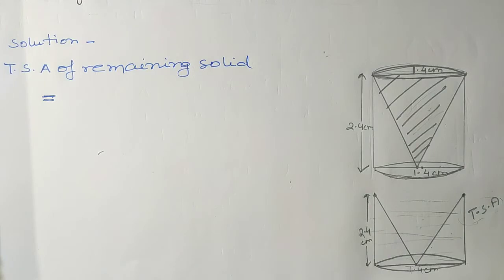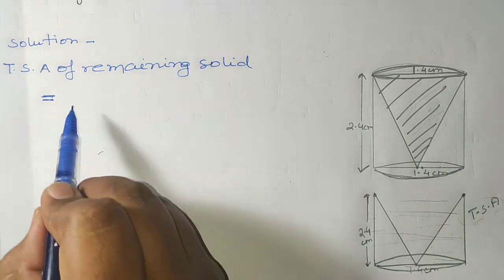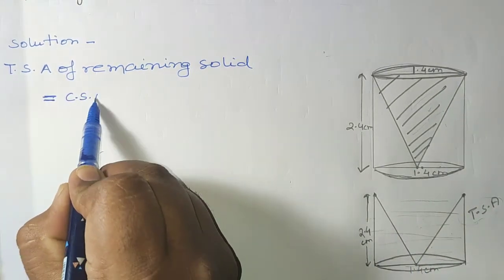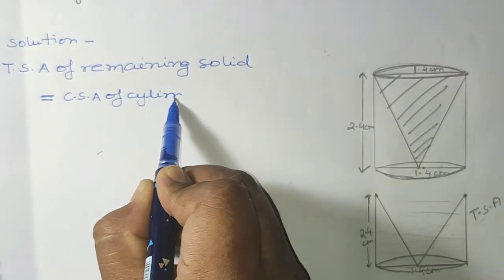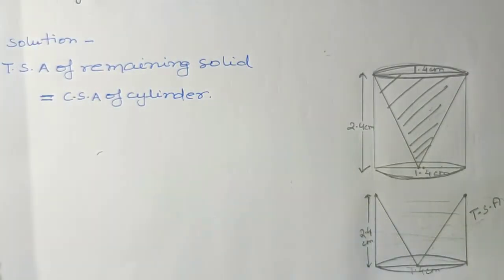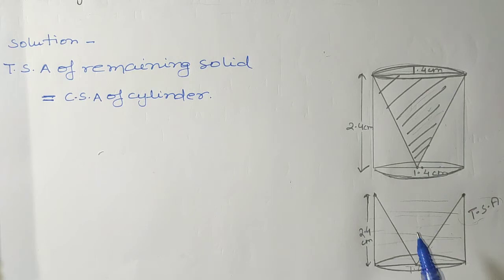It will be the curved surface area of the cylinder. Okay, the circular portion of the cylinder is there, so here it is curved surface area of cylinder. And what else is there? The curved surface area of cone is also there.